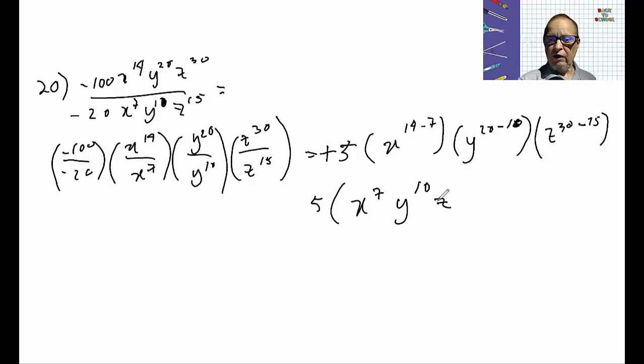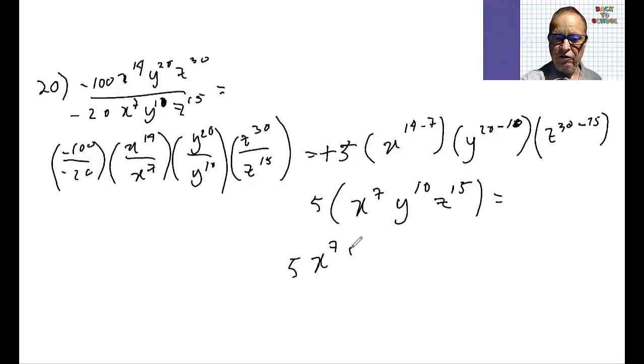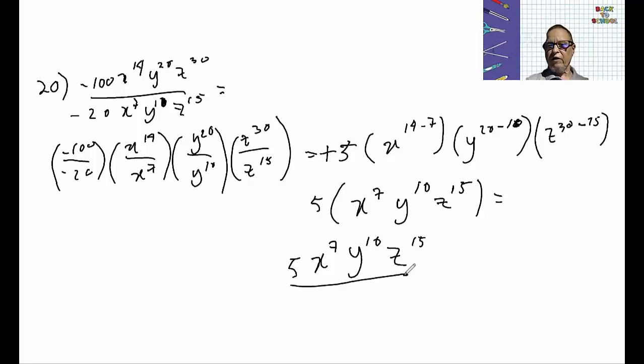And there we have z to the 15 power. And I just write it 5x to the 7, y to the 10th, z to the 15th, and that's my final answer.